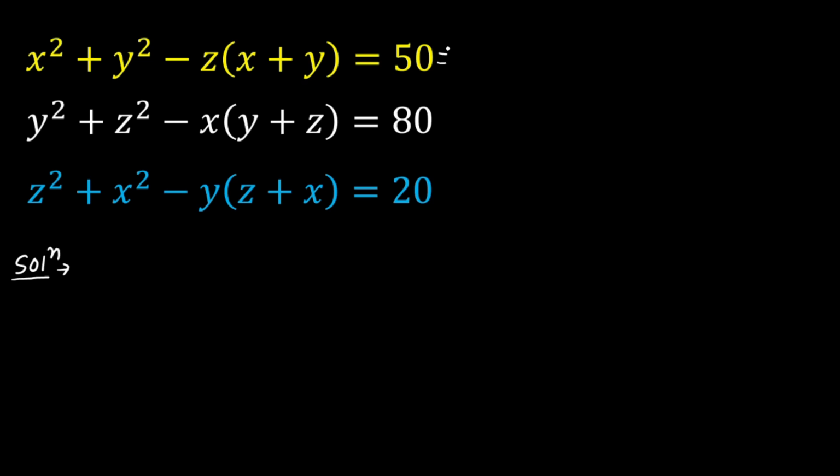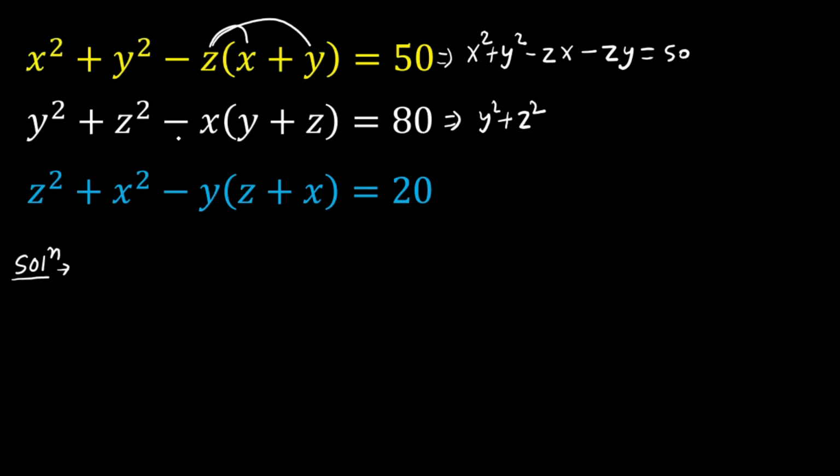This implies x² + y² − z times x, that is −zx, and −z times y, that is −zy, equals 50. And y² + z² − x times y, that is −xy, and −x times z, that is −xz, equals 80.